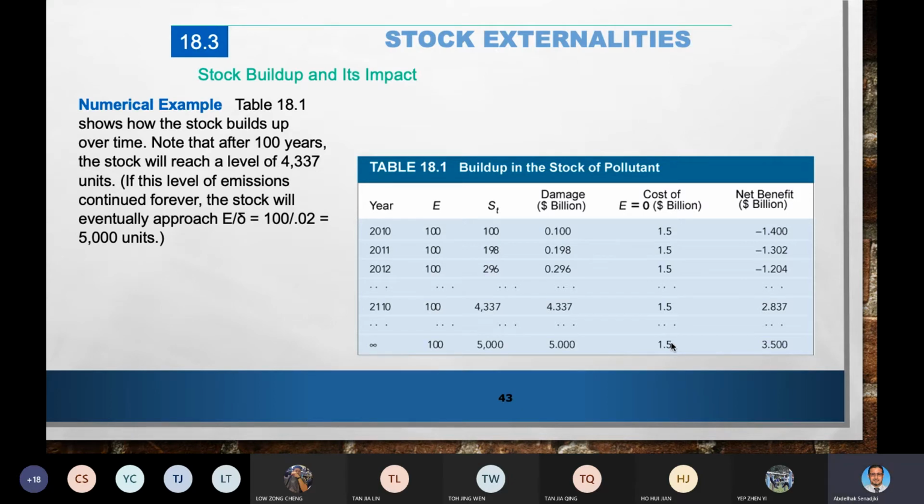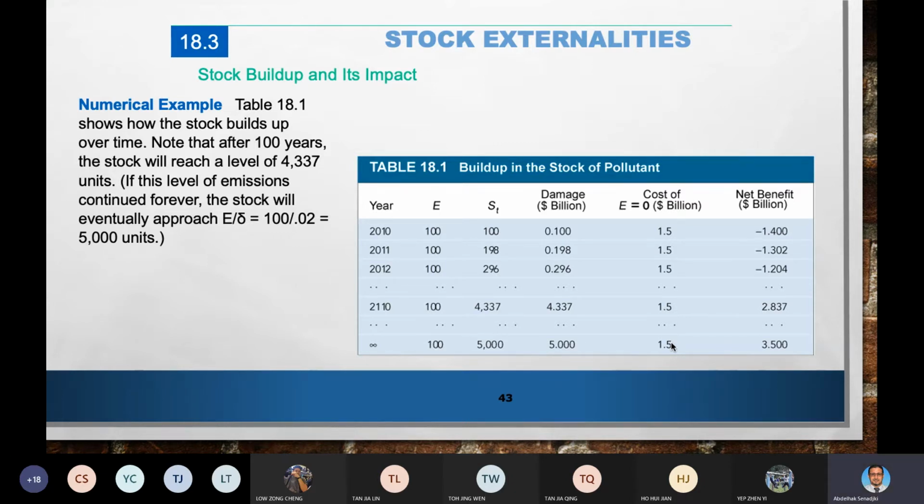So as you expect, the annual net benefit is negative in the early years because the stock of pollutant is low, and the net benefit becomes positive only after the stock of pollutant has grown, maybe after 10, 20, or 30 years.